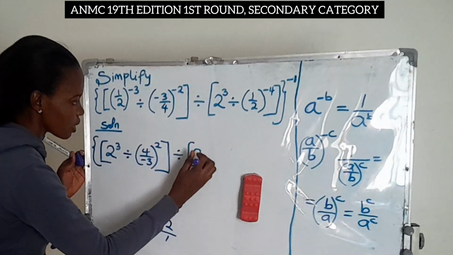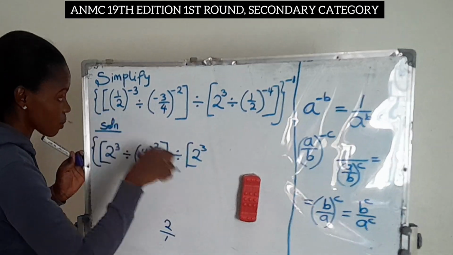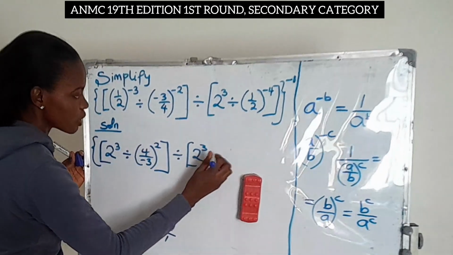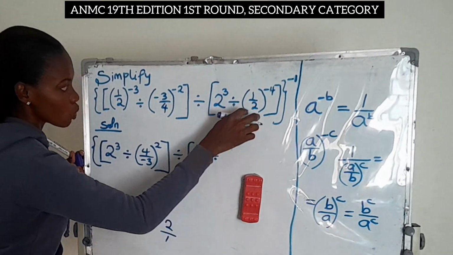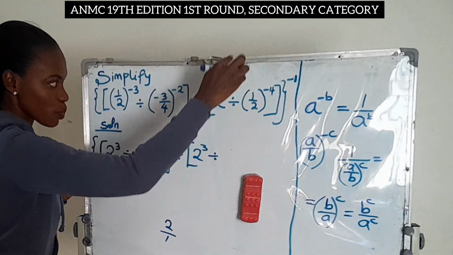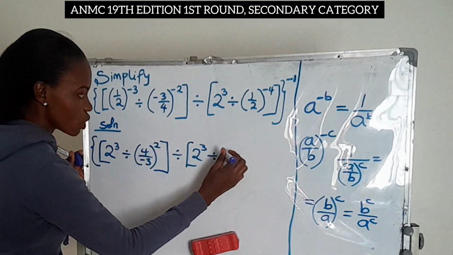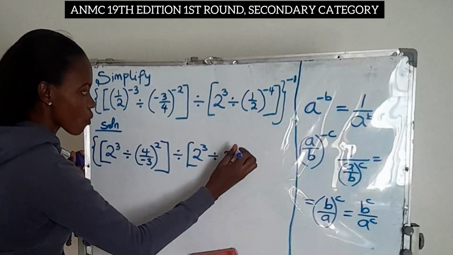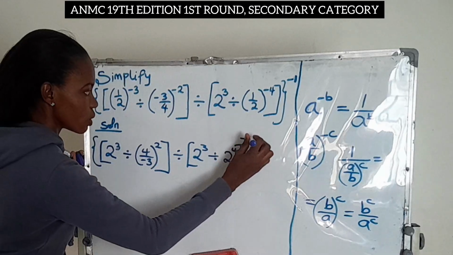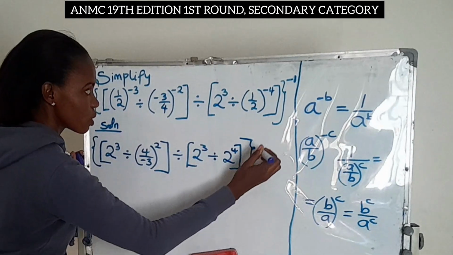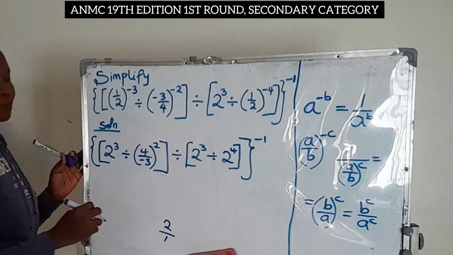We can still leave it like that. In the next step, we will simplify further. Divided by, do the same thing here, take the reciprocal, that will be 2 over 1, which is the same thing as 2 raised to power of 4. Close it, then the big bracket is raised to negative 1.